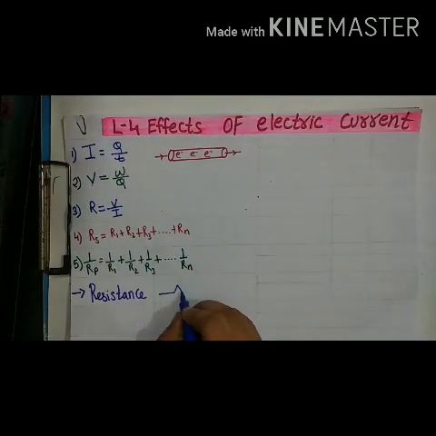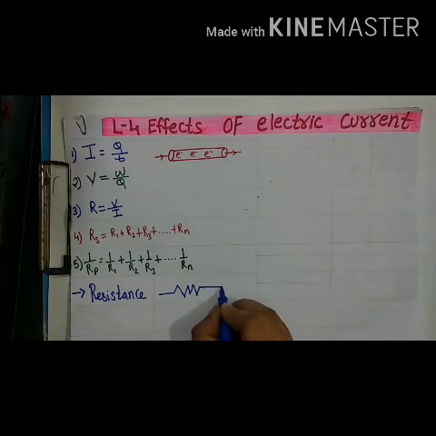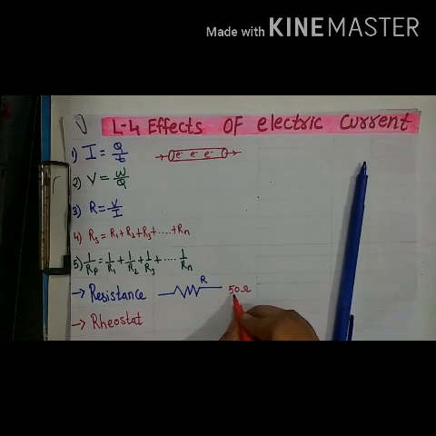This is the symbol for a resistor which we use in a circuit, and it is indicated by R. Similarly, there is a rheostat in which we can change the value of resistance. Suppose the value of a resistor is 50 ohm, its value remains fixed.